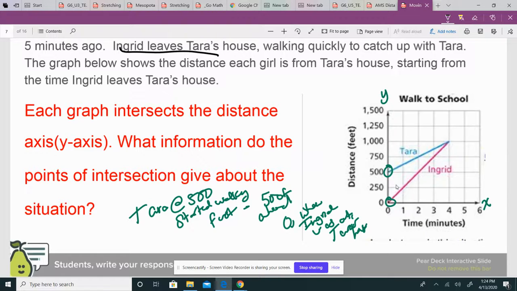So I know this is going into detail and probably giving you more information than you need, but I really want to make sure you're understanding it from not only the math, the answers standpoint, but a conceptual understanding, and a real world situation that makes sense. Okay. And so what this means is that the intersection of Ingrid's line at 0 was that Ingrid was at Tara's house and she started walking fast. And Tara was already at 500 feet when Ingrid started, when the time was at 0.